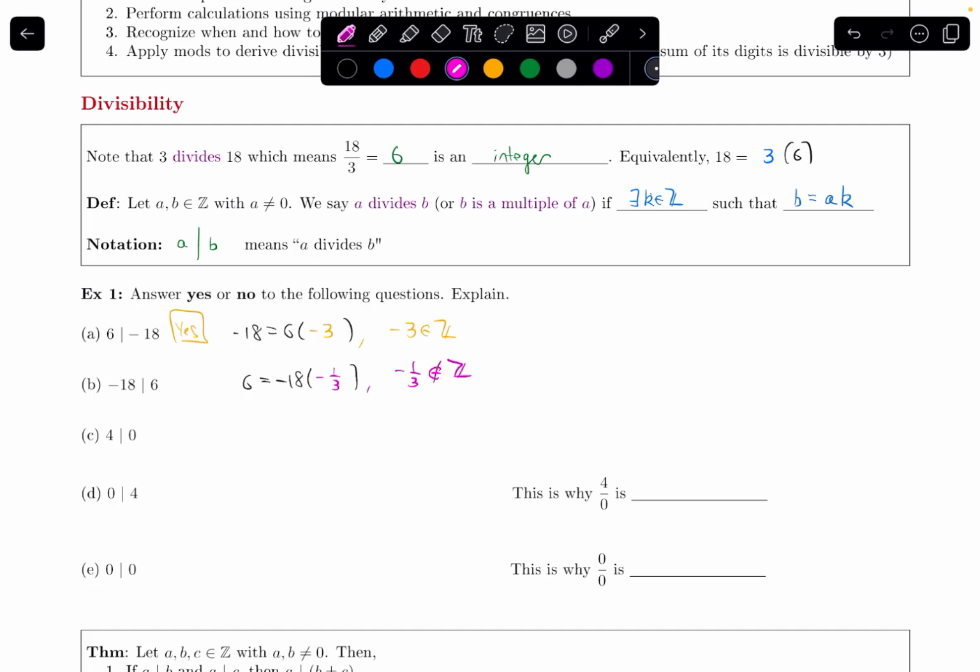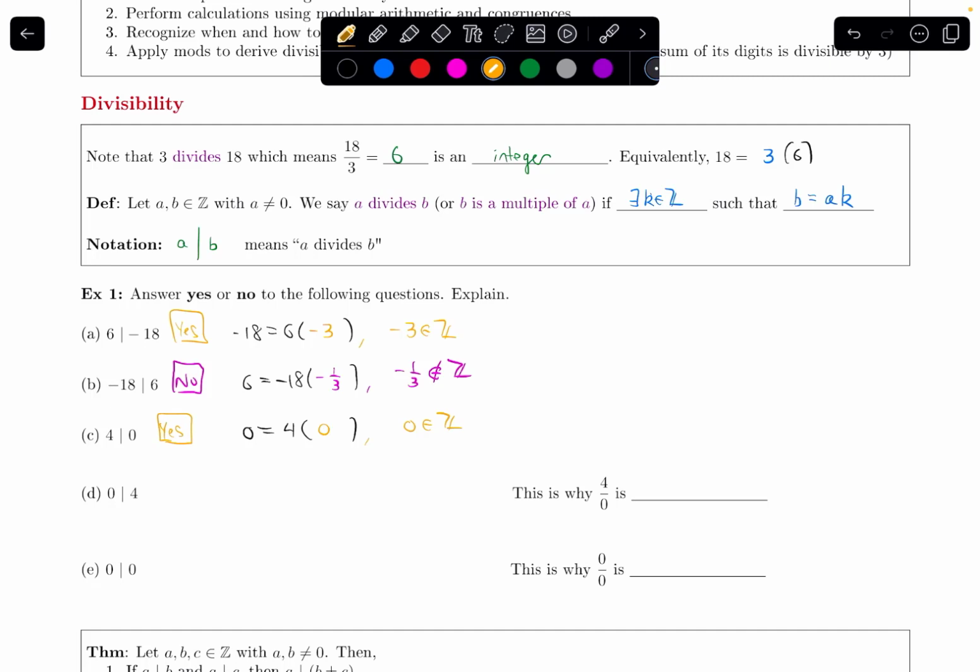Because of that, the answer to B is no. What about 4 dividing 0? Is 0 equal to 4 times some integer? Yes, because it's 4 times 0, and 0 is an integer. So 4 does divide 0, yes. In other words, 0 is a multiple of 4.